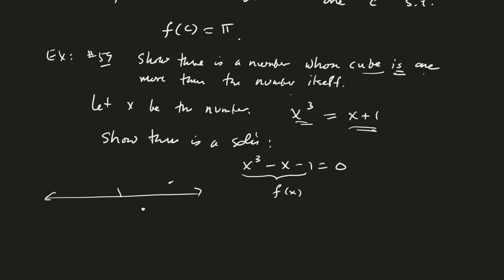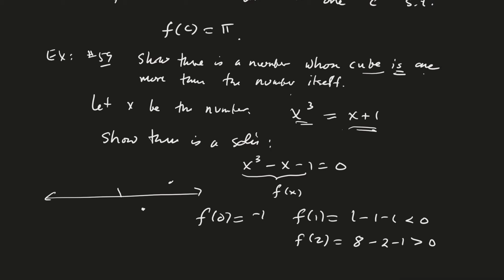Let's see, what is f of 0? Notice I'm starting with 0 a lot. That's negative 1, so that's negative. How about f of 1? F of 1 is 1 minus 1 minus 1. Whoops. So that's still negative. How about f of 2? F of 2 is 8 minus 2 minus 1. I think we finally got it. Positive.